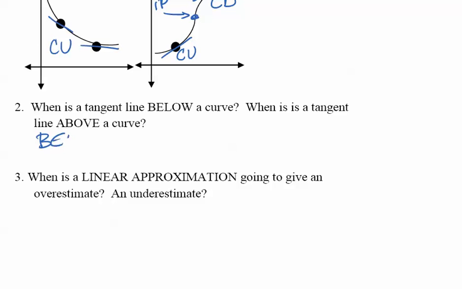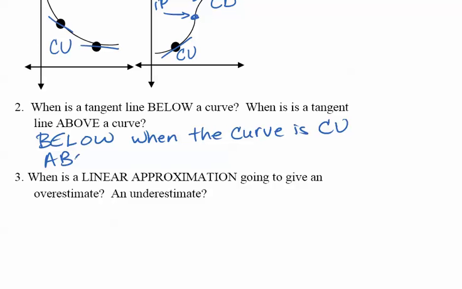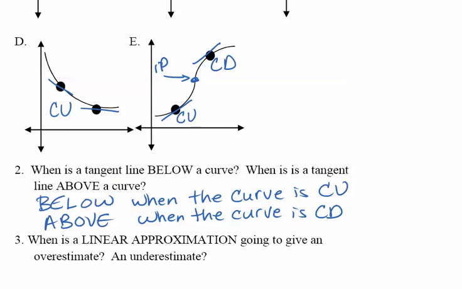The tangent line is below when the curve is concave up, and above when the curve is concave down. So as we've seen with our overestimates and underestimates, if we found a point on this tangent line, it would be higher than the curve itself. And if we found a point on this tangent line, it would be below the actual point.